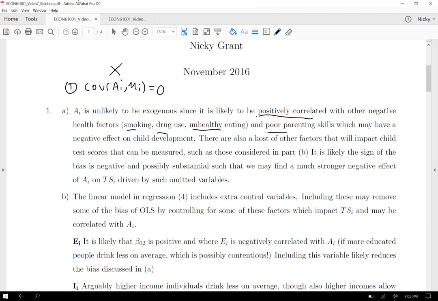And again, we'd find here that this covariance is likely to be what? Positive or negative? Well, it's likely going to be negative.